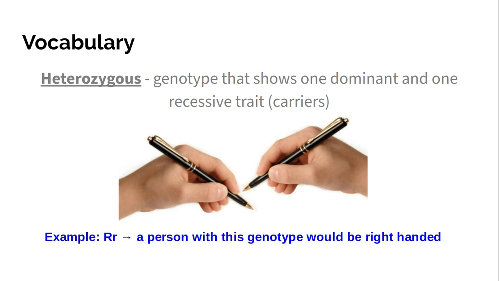We tend to call these people carriers, which means that they carry the recessive allele but demonstrate the dominant allele as their phenotype. So an example of a heterozygous individual would be big R, little r. A person with this genotype would be right-handed, but again, they would be carriers of the recessive allele because they do have a little r allele.